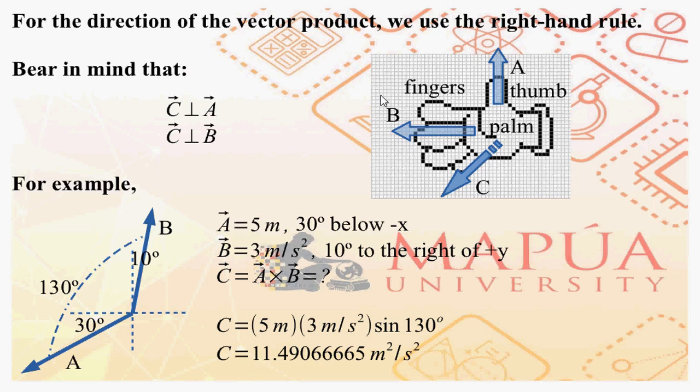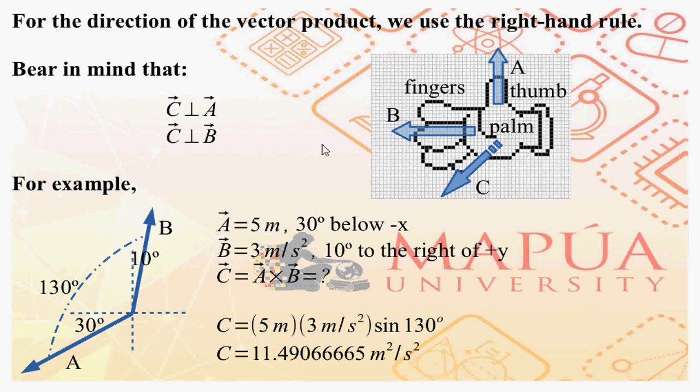In this case, vector B. Point your fingers in the general direction of the second vector. And wherever your palm is pointing, that is the general direction of the vector product C.